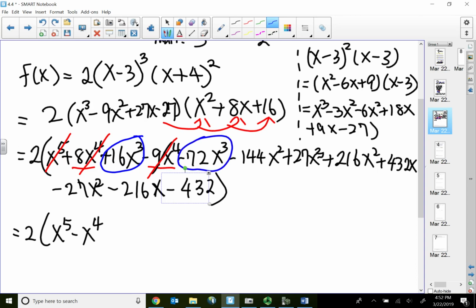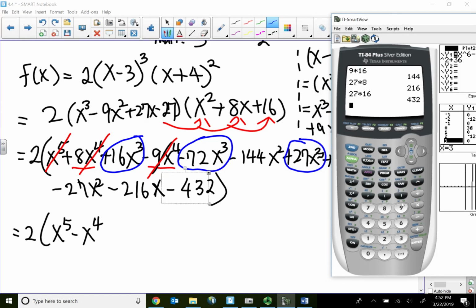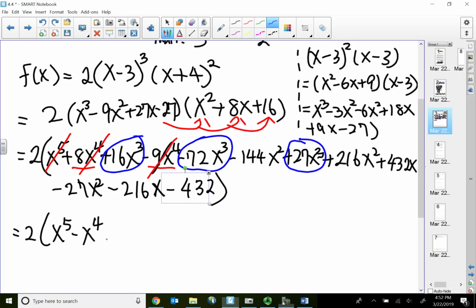Third power: 16 minus 72 plus 27, right? The 16x to the third is positive. 16 minus 72 plus 27 is negative 29x to the third. Done with that. Scratch it off so I don't have to look at it.